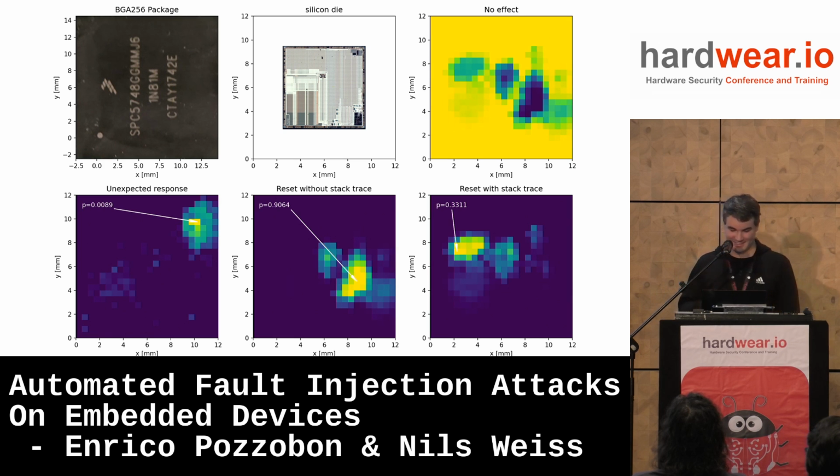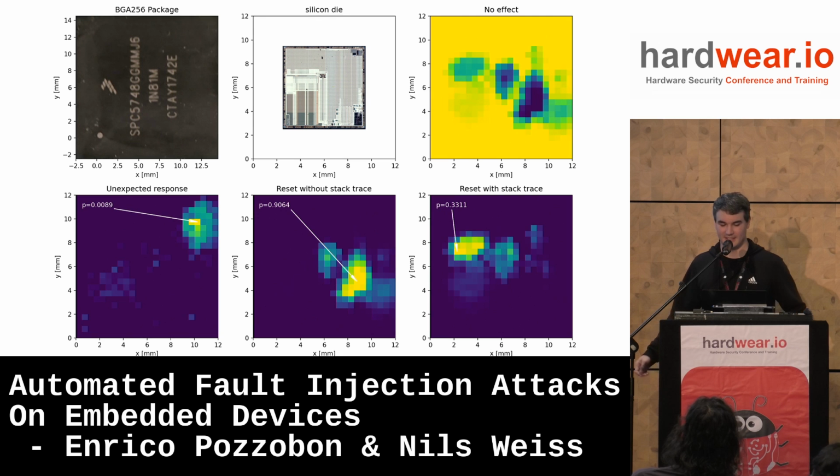It was just to make the slide nicer, I guess. But what we have here are probability plots where the yellow squares show the positions with the highest probability, and the dark blue squares represent the positions with the lower probability.